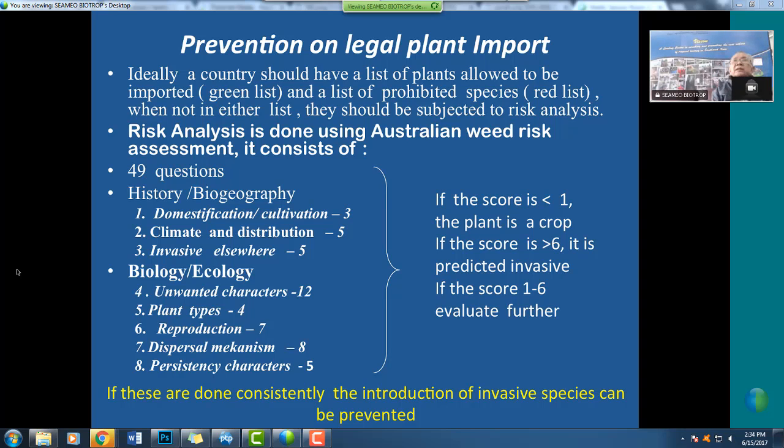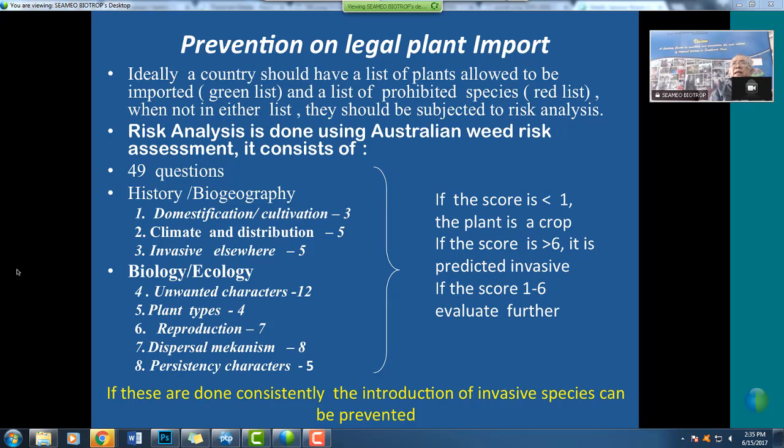The risk analysis is done using the Australian risk assessment. It consists of 49 questions, and every question must be answered. The answer is only 2, that is yes or no, and every answer has a score.